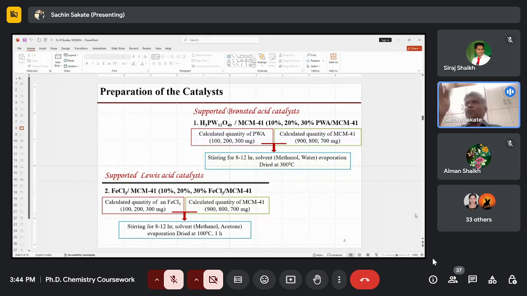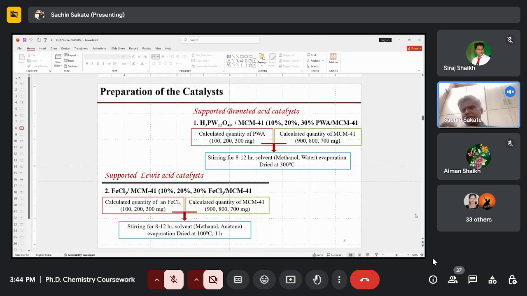H3PW12O40 on MCM41: you can prepare 10%, 20%, 30%, different combinations of PWA with MCM41, using a calculated quantity of PWA. Suppose I want to prepare 1 gram of catalyst with 10% PWA. I will take 100 milligrams of phosphotungstic acid and 900 milligrams of MCM41 in a solvent.